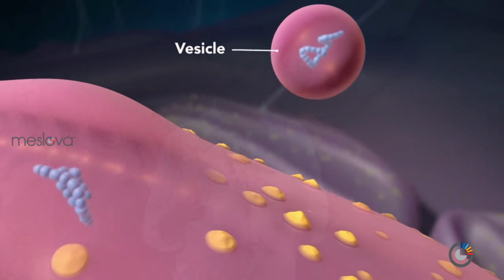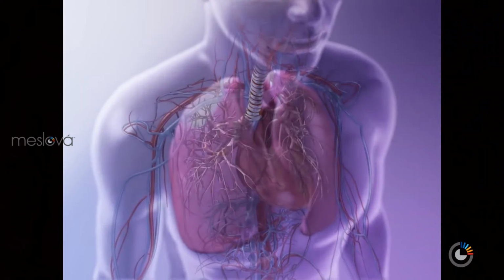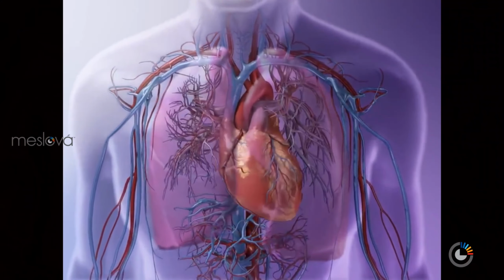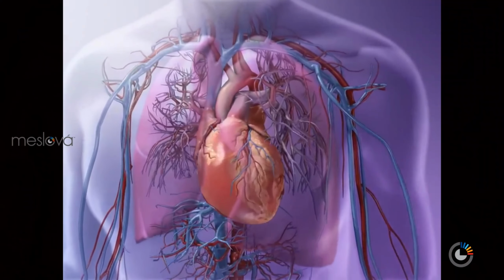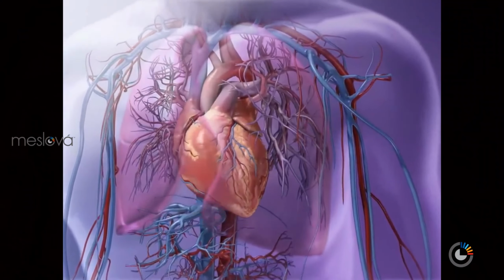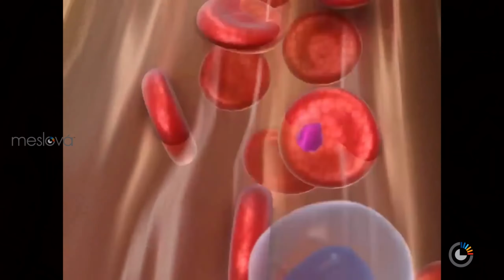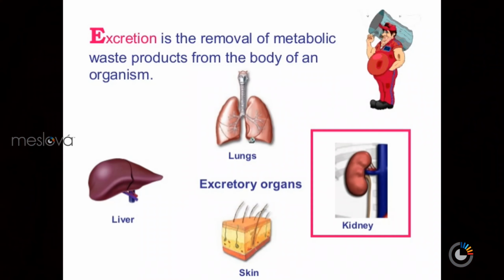Transportation is done by blood and the lymphatic system, and waste disposal happens through blood, and also through vital organs like the excretory system, skin, and the waste gases which are released from our body.